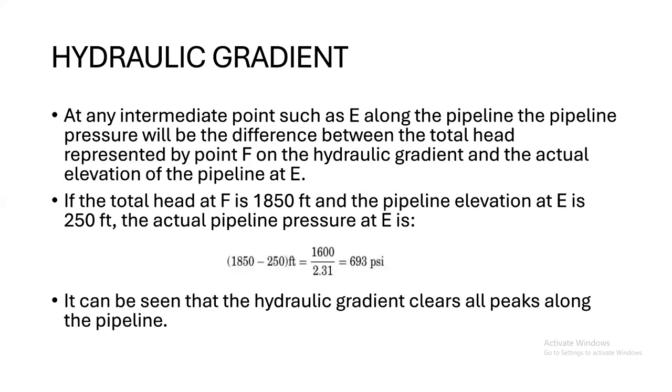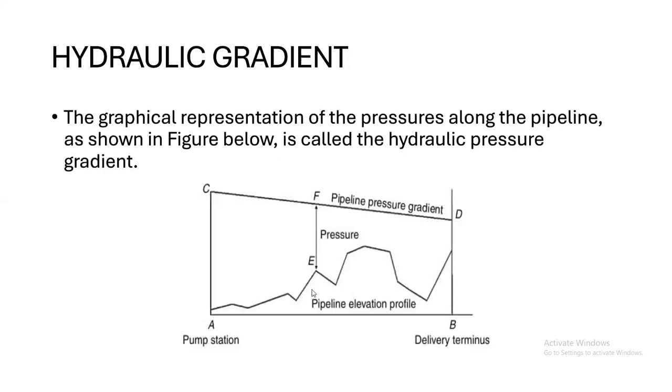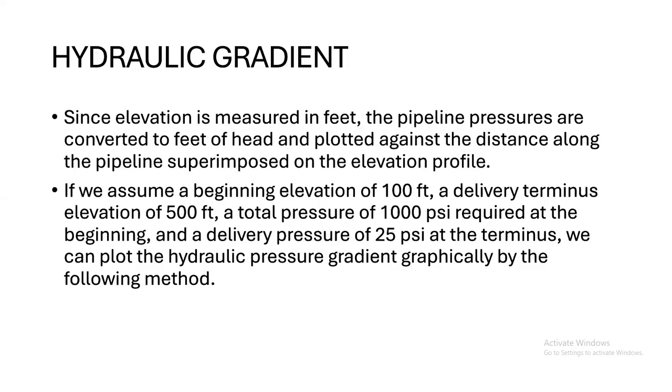At any intermediate point such as E along the pipeline, the pipeline pressure will be the difference between the total head represented by point F on the hydraulic gradient and the actual elevation on the pipeline. So we are saying, what's the pressure at this point? You read it here in feet minus you read it at E. So the difference, that's the pressure within the system at that point.